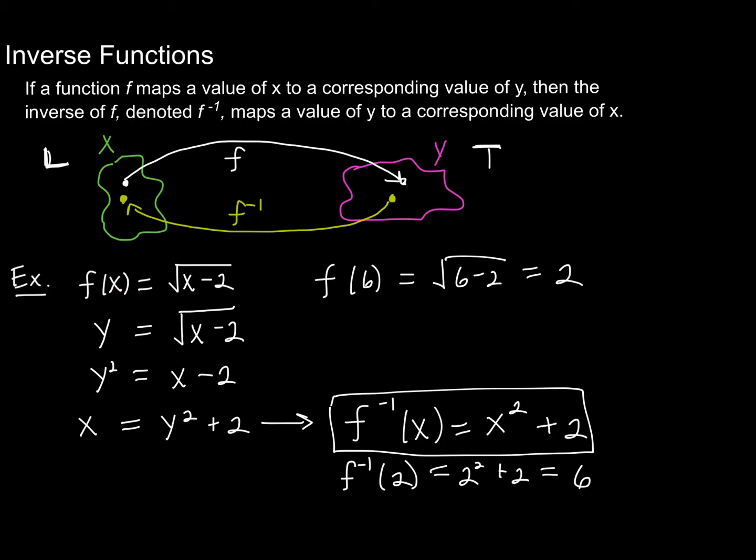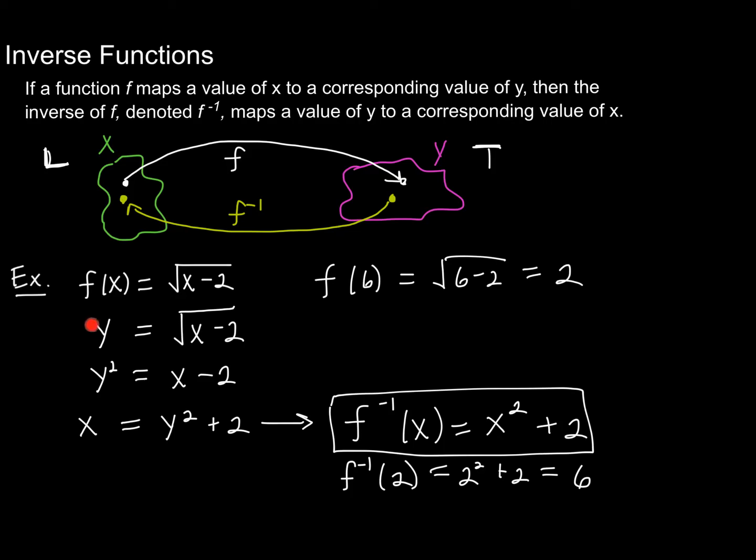Now, I want you to write down the process that we went through. Notice the first thing that we did, before we did any work on our paper, we asked ourselves, what should the inverse function be? What type of function? If we're dealing with a square root function, the inverse is going to be a square or a quadratic. Then I replaced my function notation with an output variable.